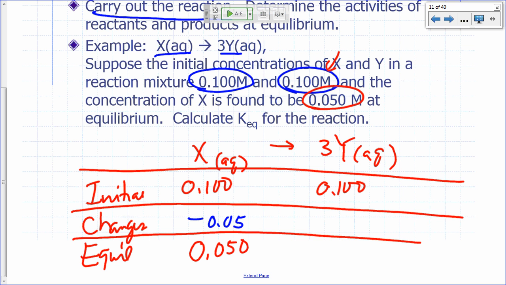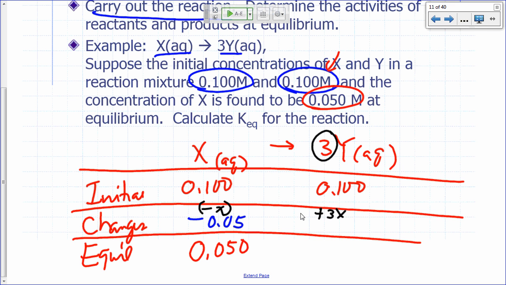So if I lost 0.050 moles per liter of X, how much Y did I make? If I were to lose X moles of X, how many moles of Y would I make? 3:1, from the balanced equation. So if I lost X moles of X per liter, I'm going to make 3X moles of Y per liter.